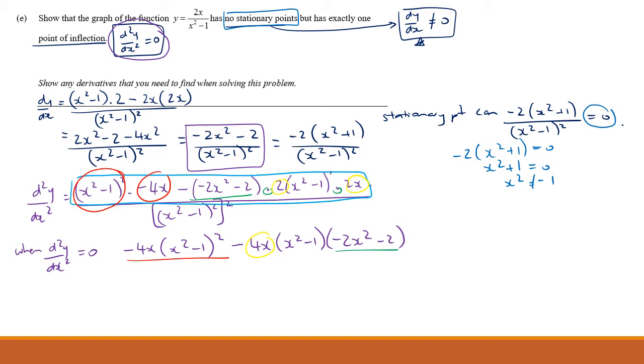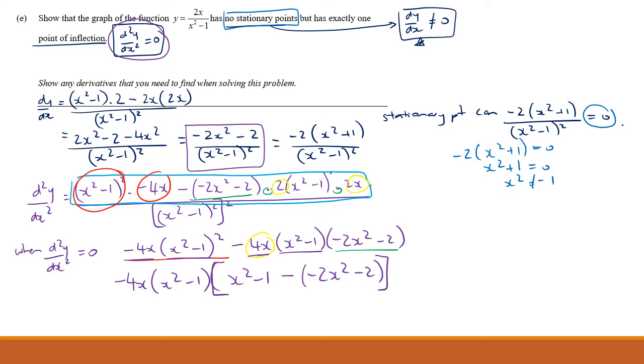Now, I've actually got a common factor: a common factor of negative 4 and negative 4 and x squared minus 1 and x squared minus 1. So I'm going to take that out the front. Negative 4x, x squared minus 1, times that by x squared minus 1, the first part, minus this negative 2x squared minus 2.